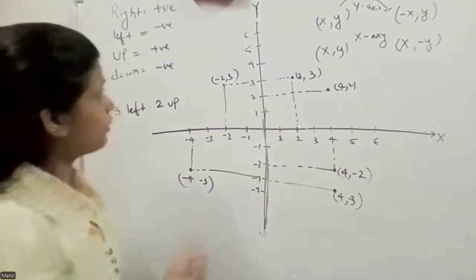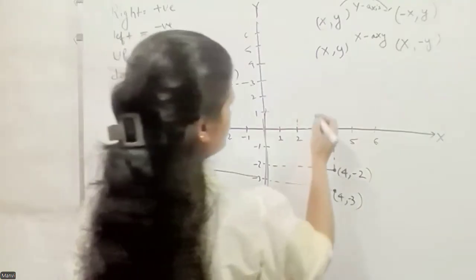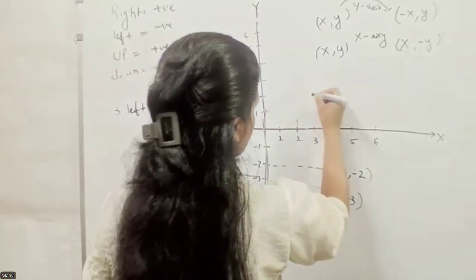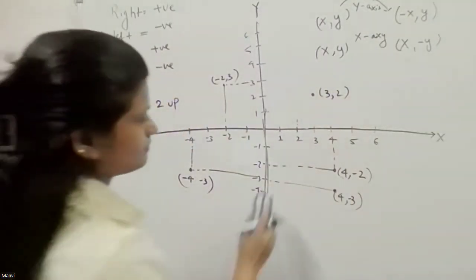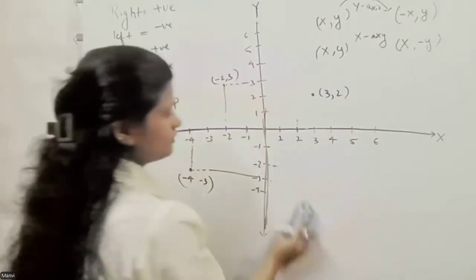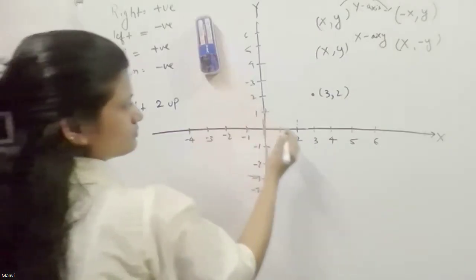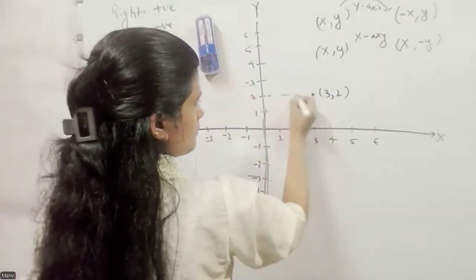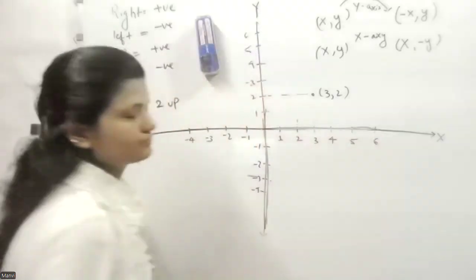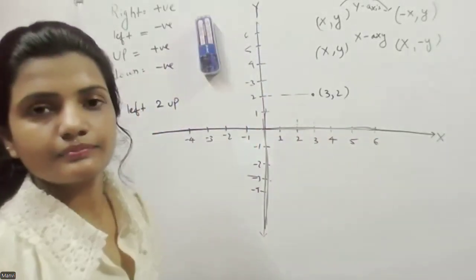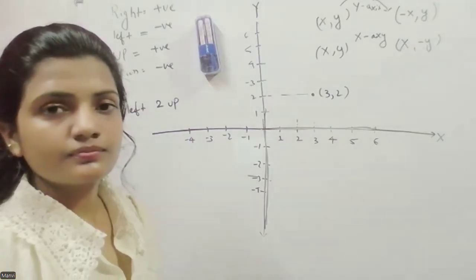Okay, now if we have another point, which is 3, 2, and it is reflected in the x-axis. Then where does it go? What did you say, Kavya? Yeah, it is reflected in the x-axis, Kavya.